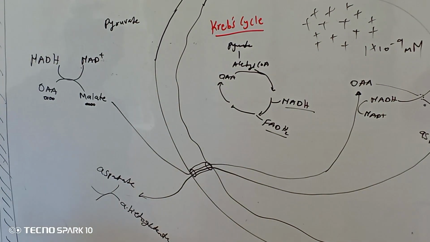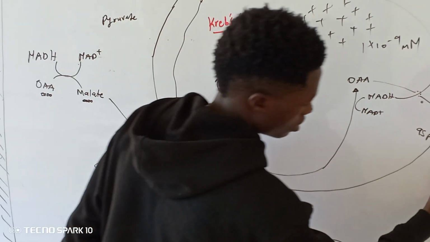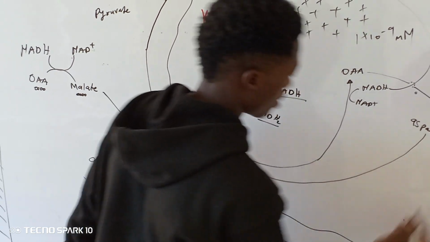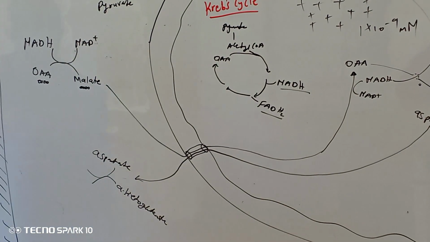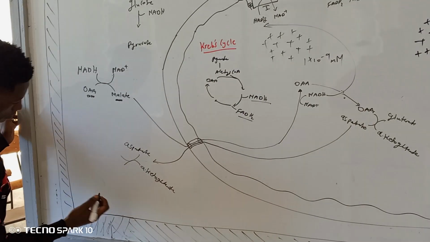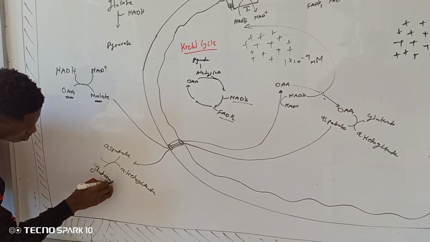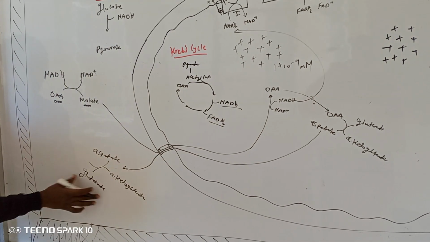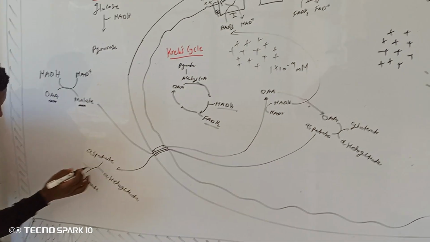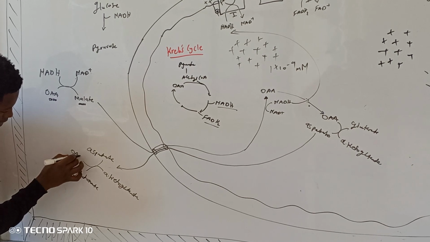What are we going to form? We are going to form glutamate. Alpha ketoglutarate is going to be converted to glutamate, and your aspartate is going to be converted to oxaloacetate.